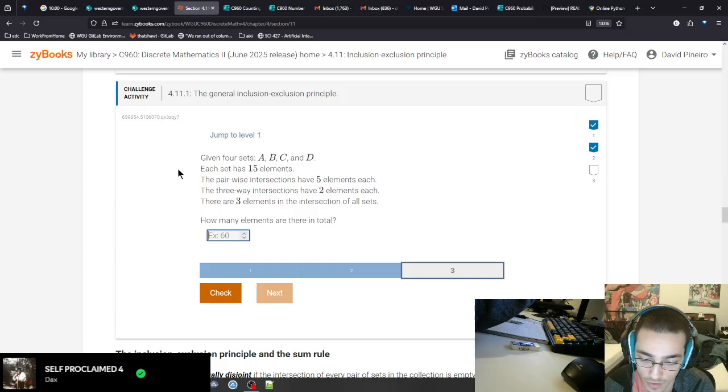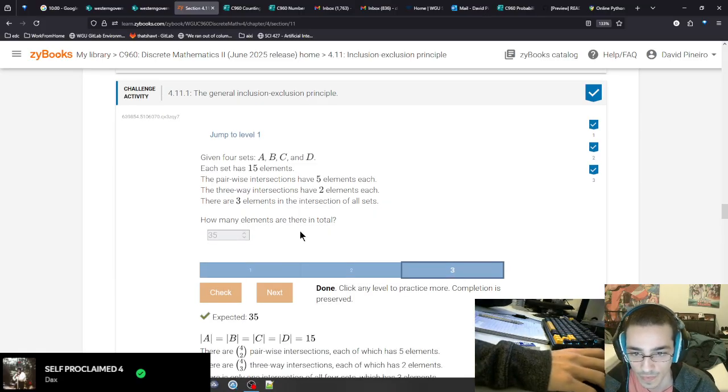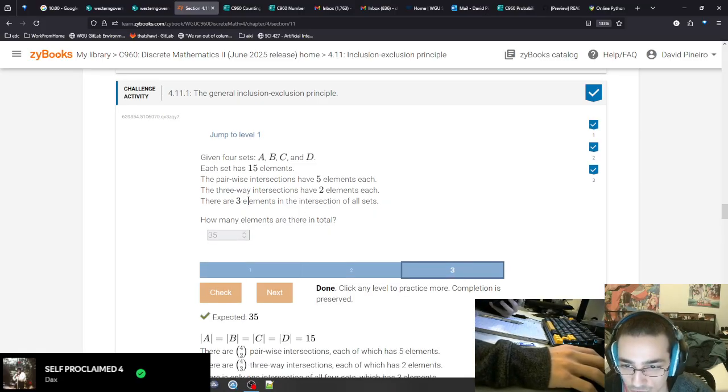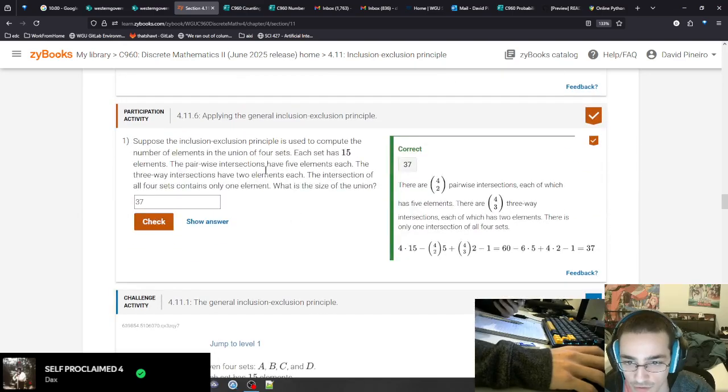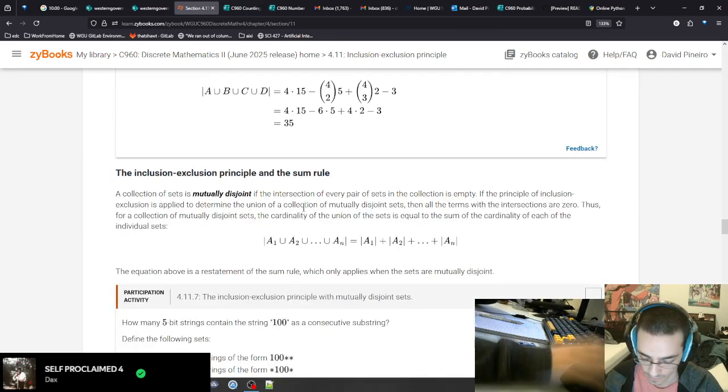Then the 3-way, there's 2, and then the 2, there's 5, and then 15 for individual. Wait, I already did this. The calculation did not change, the only thing that changed was the 3 at the end. Literally, it was almost the same as this. Thank the lords for that.